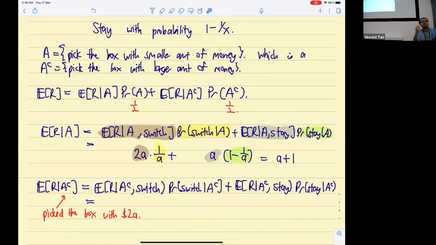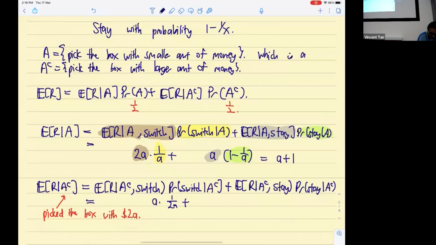A complement means we pick the box with the larger amount of money, which is 2A. What is the probability that we switch according to my rule? Exactly, very good: 1 over 2A. Now if you switch, what amount of money do you get? A. You get less, so you are very unhappy here.